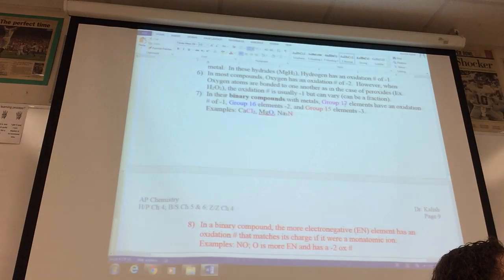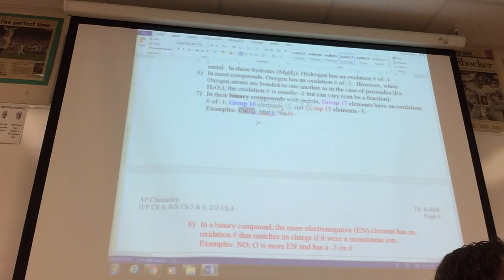If you have a binary compound, there's a couple of ways to approach this. In terms of binary compounds, if you look at Rule 7, and I'll flip screens again, it says in binary compounds with metals, group 17 elements have an oxidation number of -1, group 16 -2, group 15 -3. So the example shown here, one of them is similar to ours.